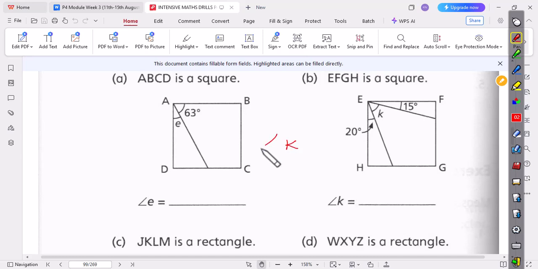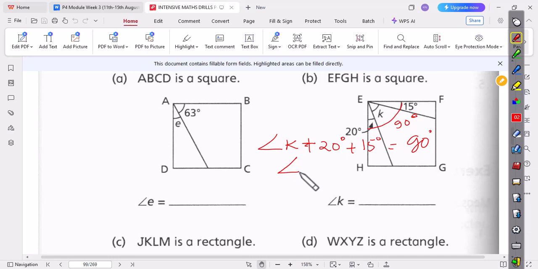Angle K plus 20 degree plus 15 degree, because the total of this degree is 90 degree. So angle K plus 20 plus 15 must be 90 degree. So we can solve this one first.